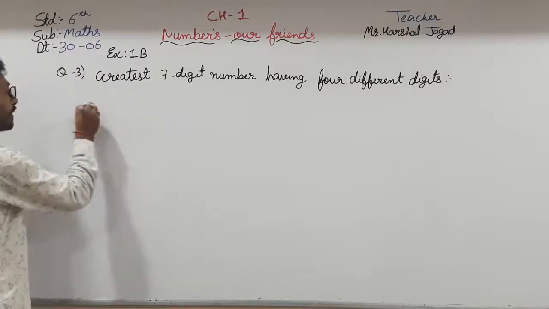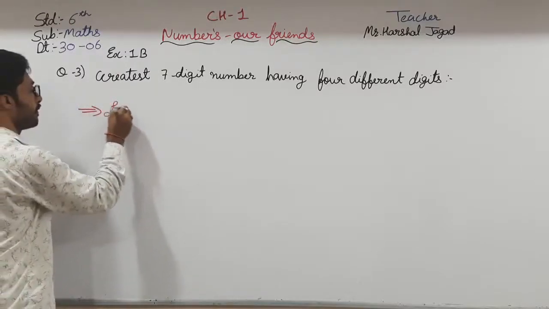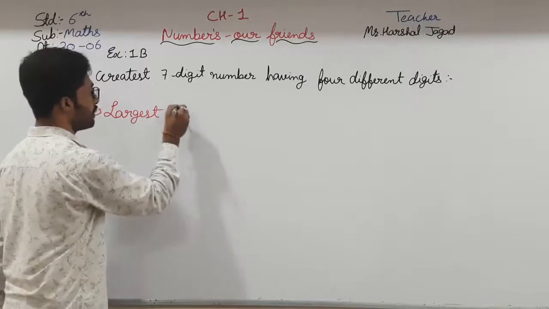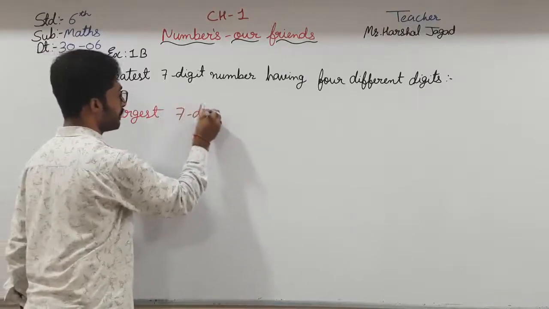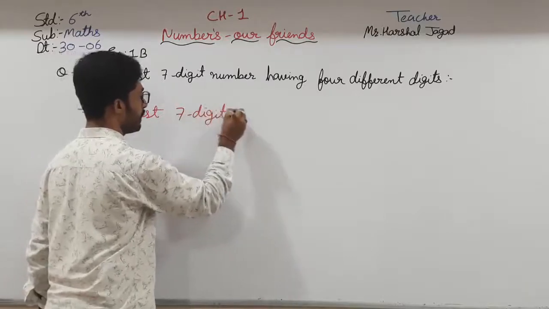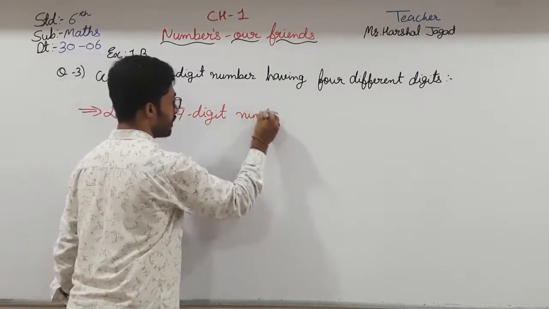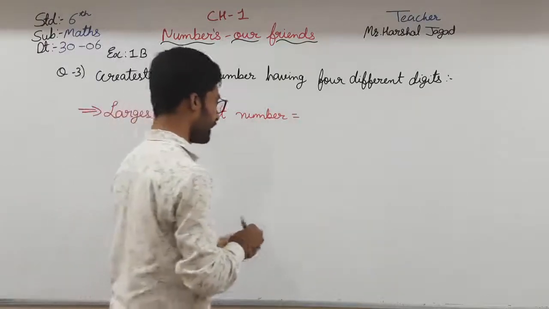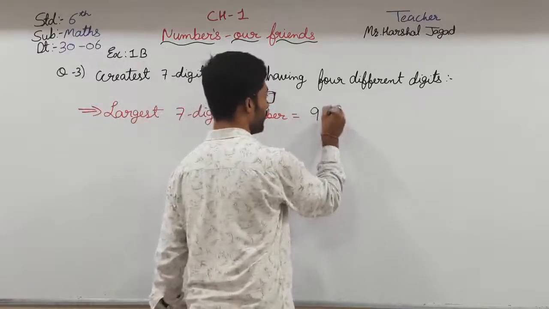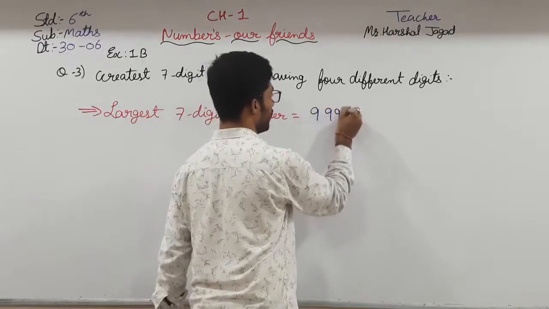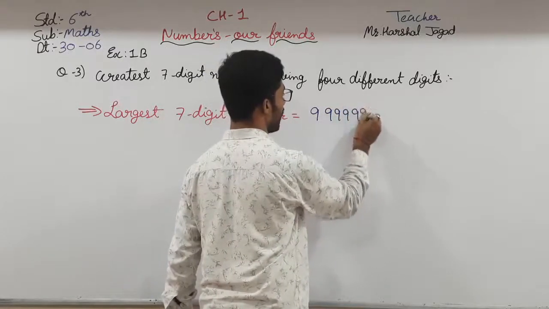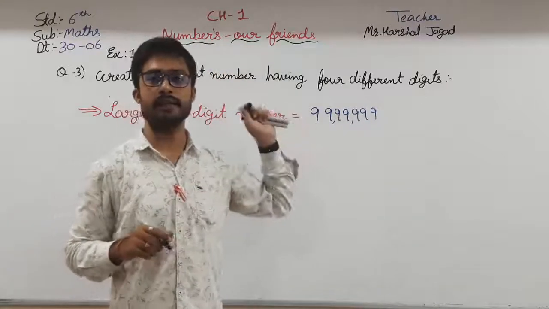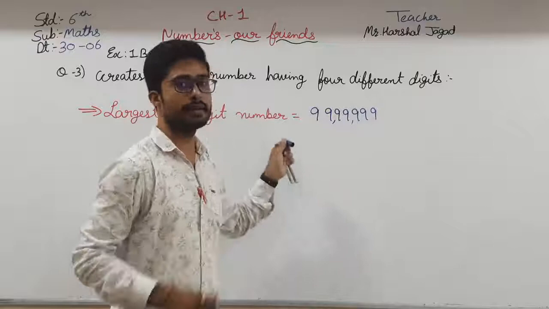The largest 7-digit number is 9 9 9 9 9 9 9, the greatest 7-digit number.